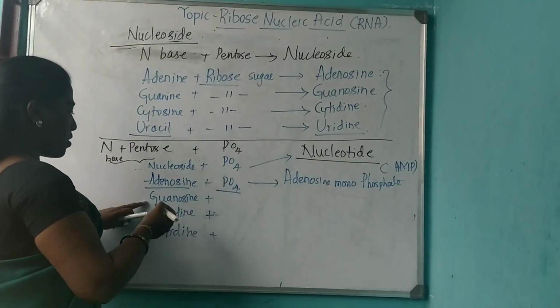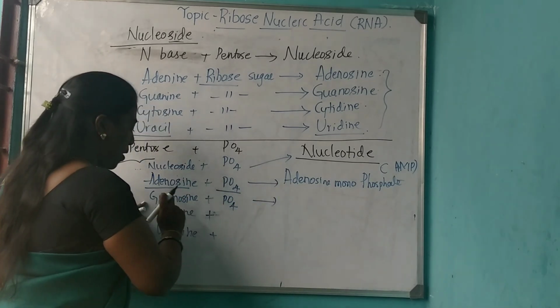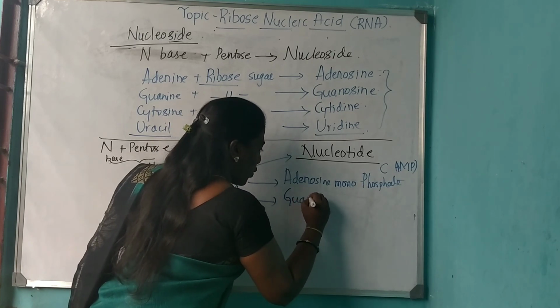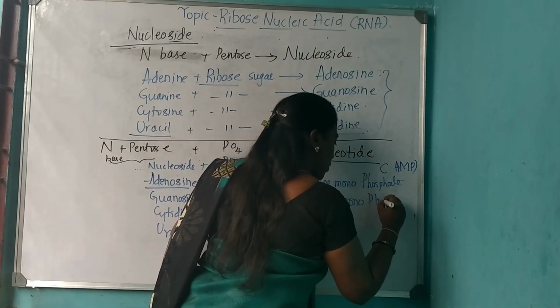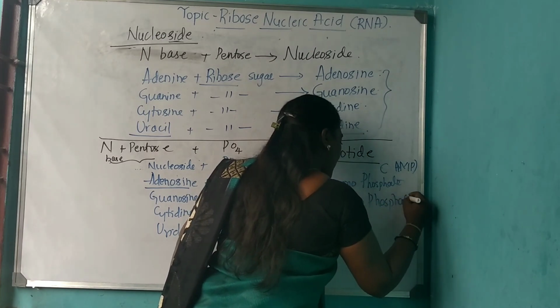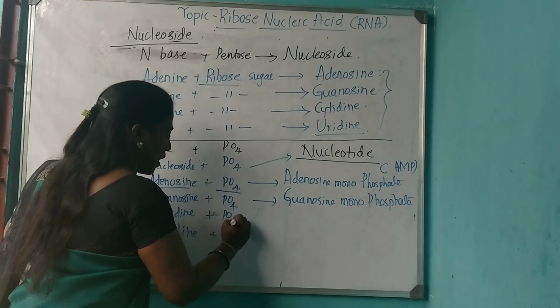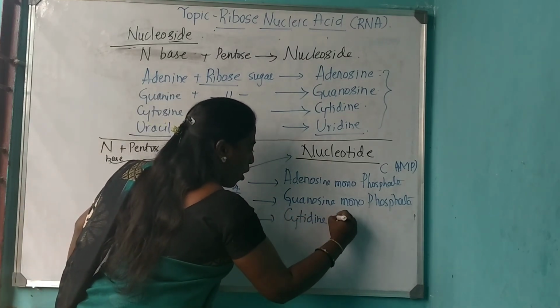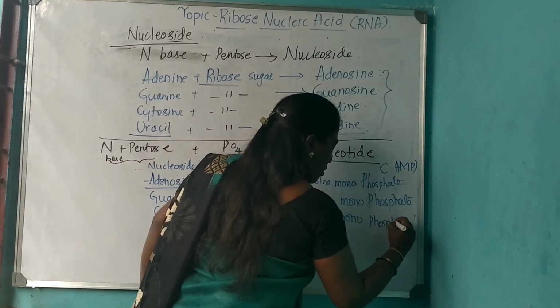The next is guanosine combines with phosphate to form guanosine monophosphate. The next is cytidine combines with phosphate to form cytidine monophosphate, one phosphate.